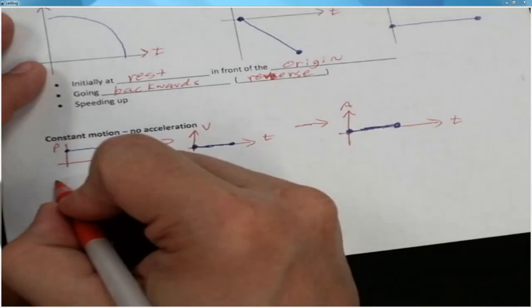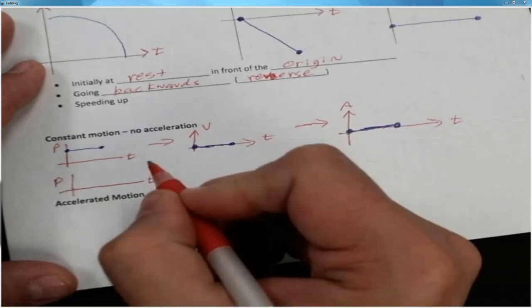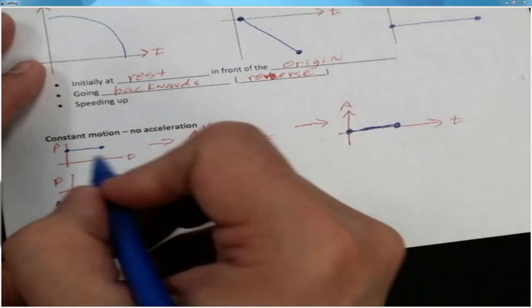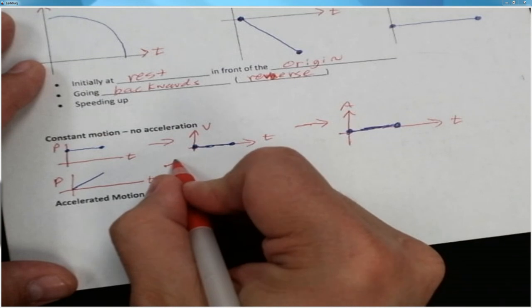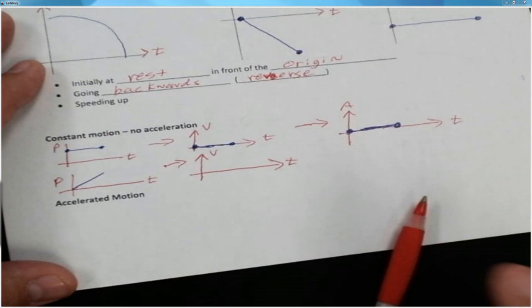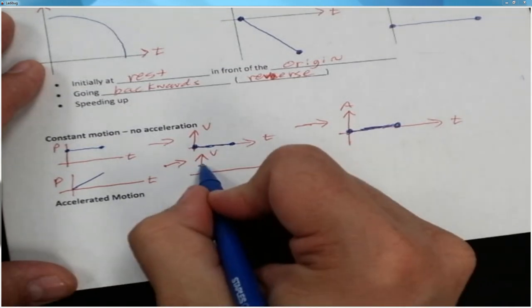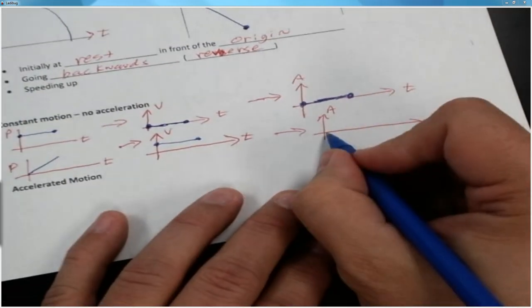And if I have a PvT that looks like this, then I'm going to get a VvT that's going to look like this, which is going to lead to an AvT that looks like this.